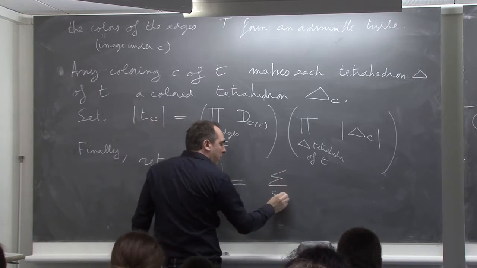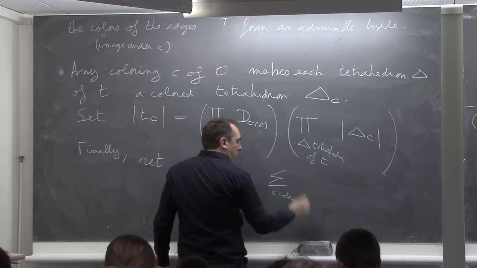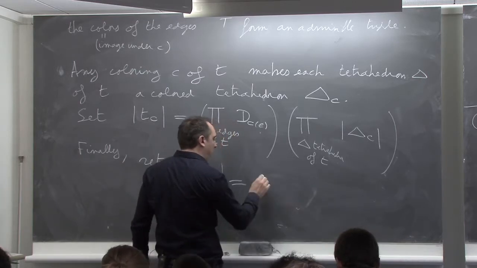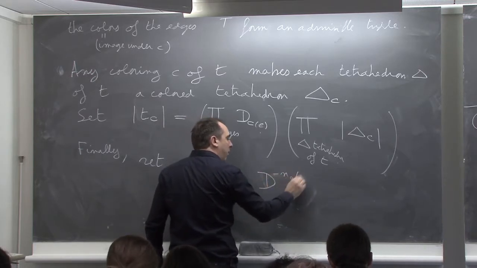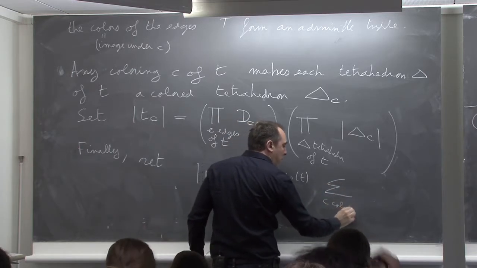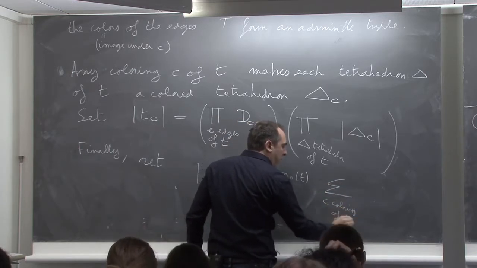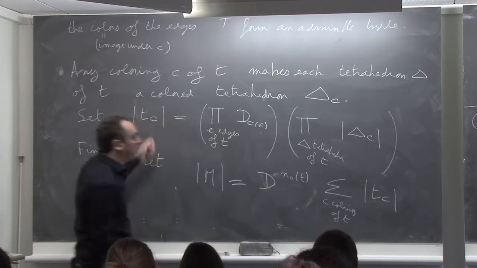So we sum over all colorings, and we have a normalization by D to the minus N0 of T, the sum over C, colorings of T, of these numbers.